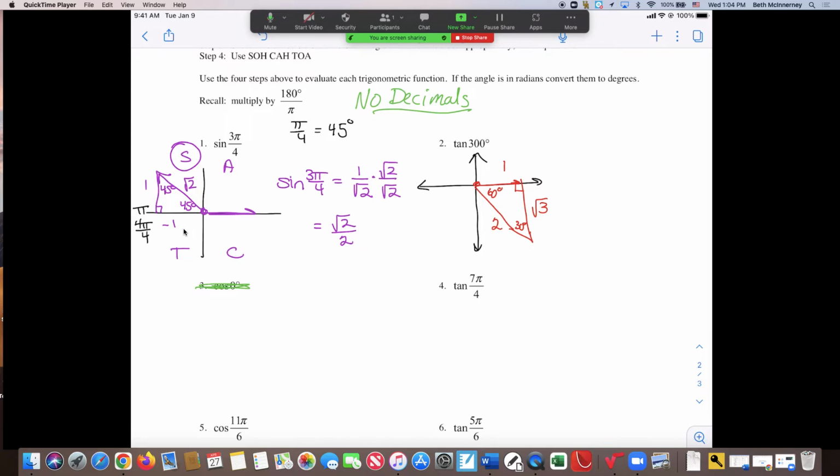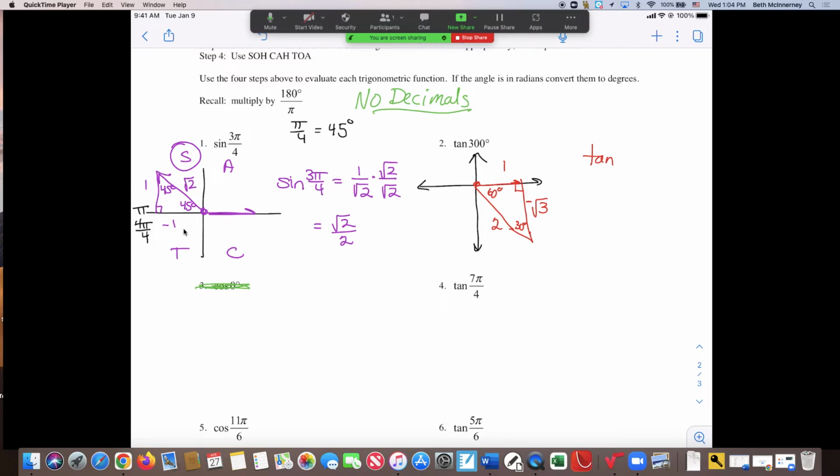I'm right 1, but down square root 3. From the x-axis, I'd have 60 more degrees to make a full rotation of 360.